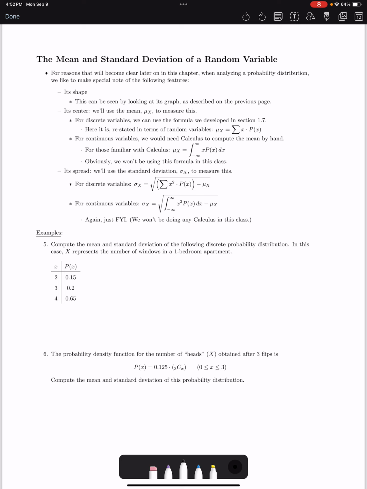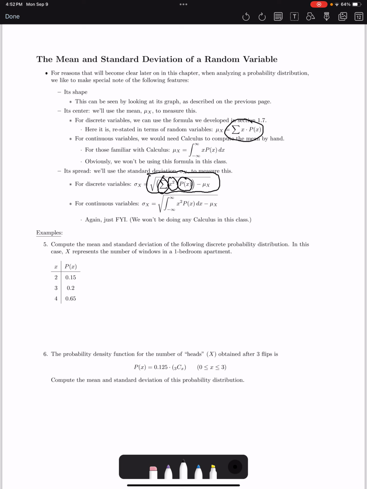Okay. As for the spread, we'll use the standard deviation to measure the spread. For a discrete variable, this is the formula that we would use. So we're going to do the same process as we did here, only we're going to square the x's first. So we're going to square the x's, multiply by their corresponding probabilities, add them up.